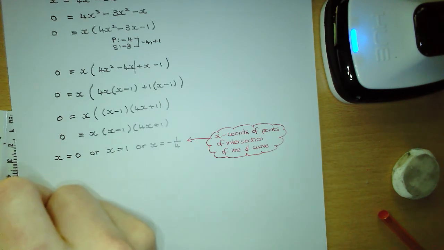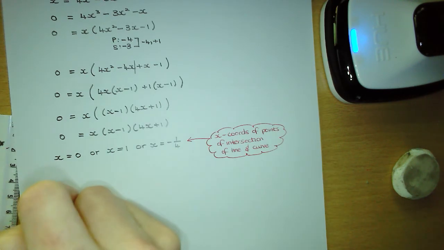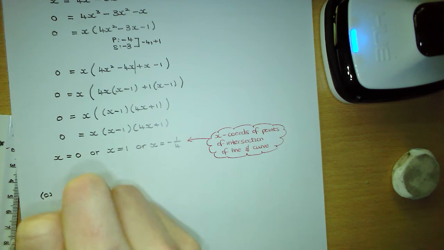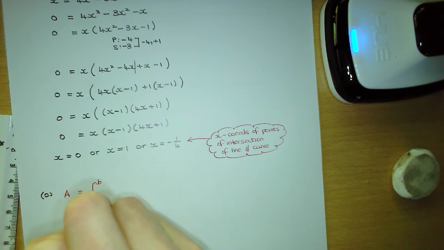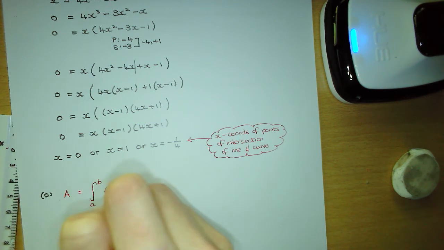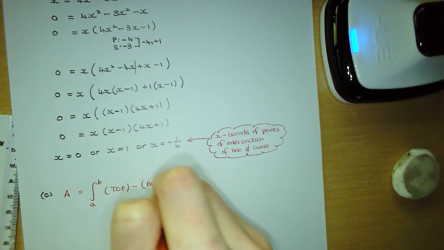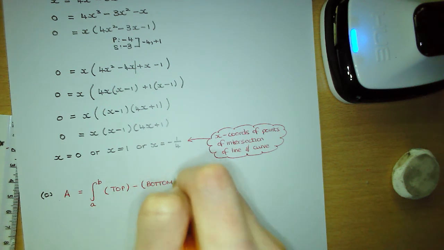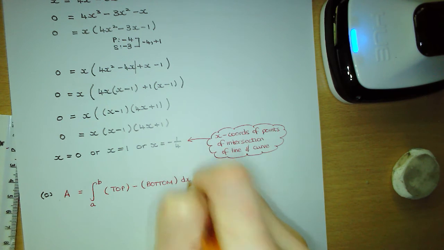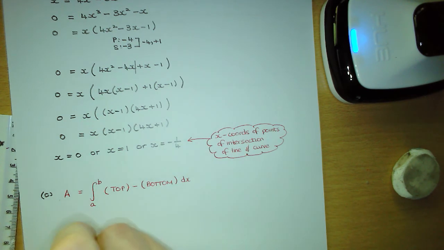So we'll write down our formula first. So remember, area equals the integral between the limits b and a of the top in brackets minus the bottom, close brackets, dx. So let's chuck everything in. So we're going to integrate.